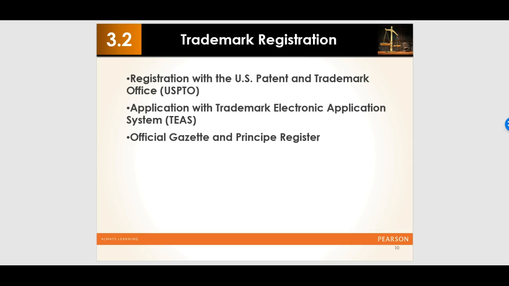One other important thing here: you make your application for trademark registration, and let's say the examiner refuses it because it is allegedly confusing with others, or it is too generic, or any other grounds to refuse. So you can appeal within the USPTO. Your appeal will be heard by the Trademark Trial and Appeal Board.